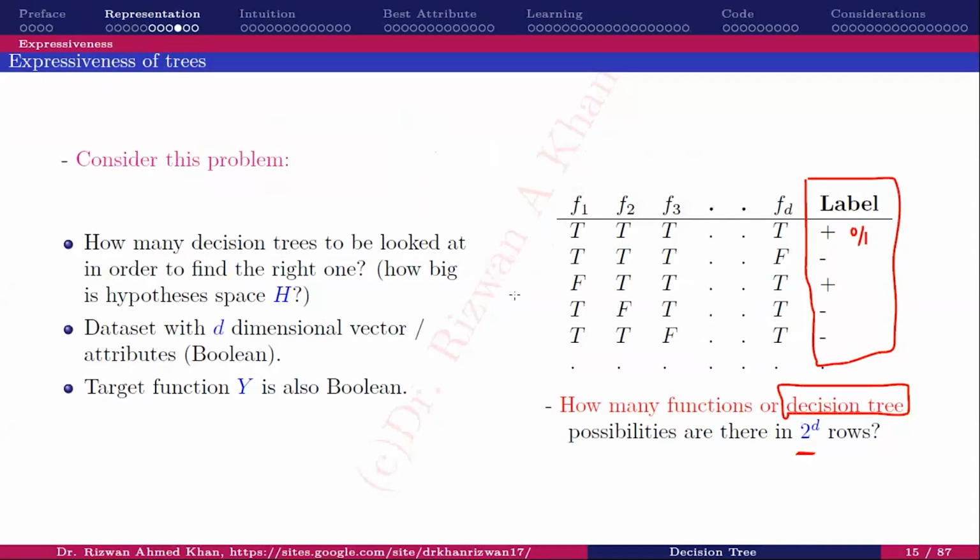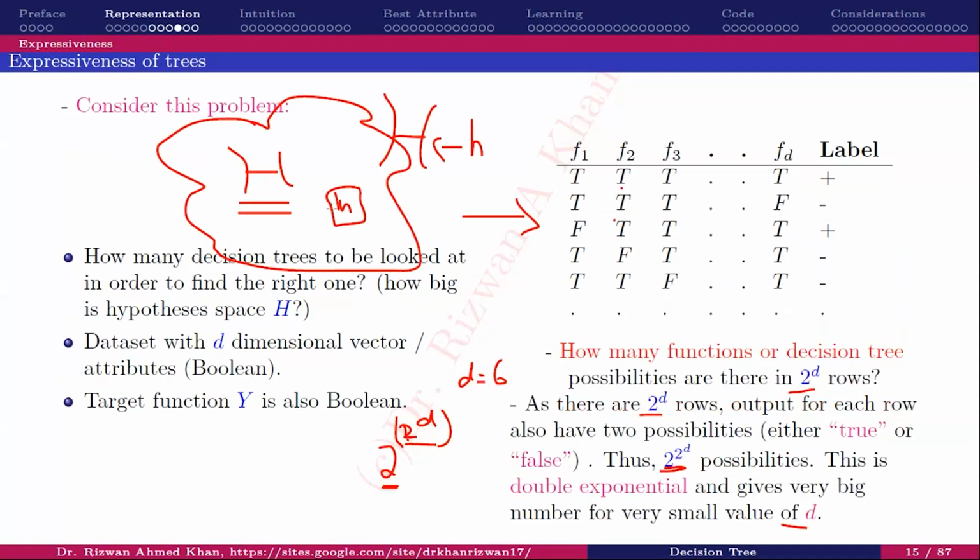And the discussion we did, 2 to the 2 to the d, is not only applicable to decision trees. This is applicable to all supervised machine learning problems, because this space, curly H, is very big, and all of these classifiers are trying to find a small h which best approximates the function given in the data set.